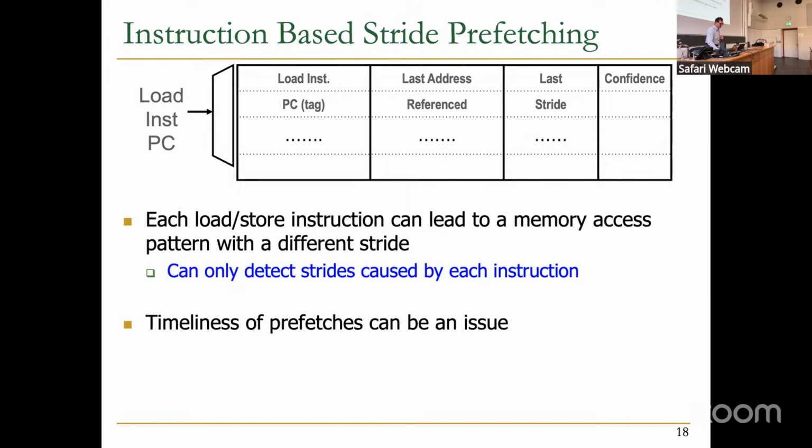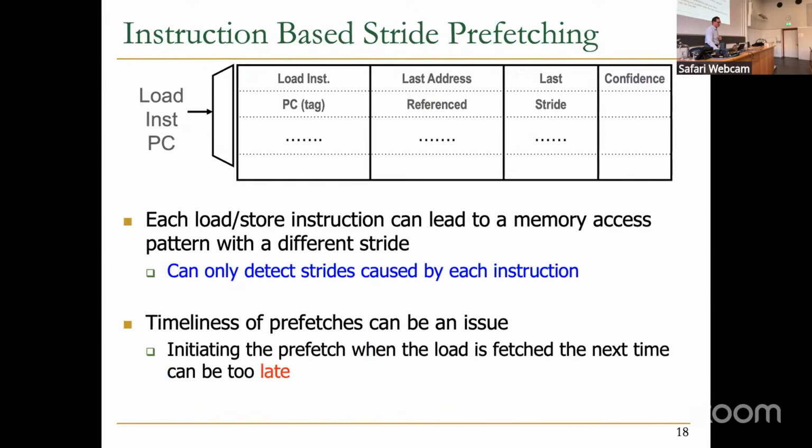That's the idea. Timeliness of prefetches can always be an issue, as we have discussed for software also. If you initiate the prefetch when the load is fetched, the next time, this can be too late. So you need to actually have some look ahead. It depends on when you're executing this one instance of the load and the next instance of the load. Is there enough time to prefetch for the next time?